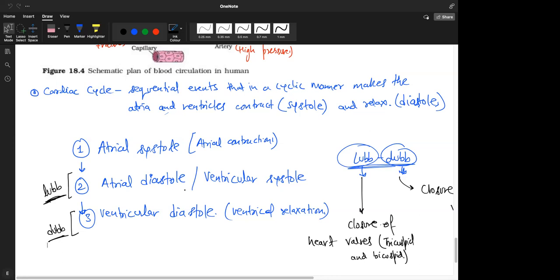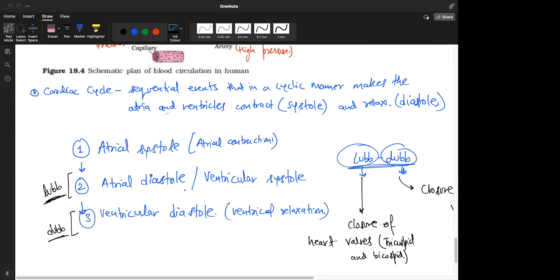So there are two ways to increase oxygen flow. One is to increase the stroke volume, and the other is to increase the beats per minute. When we are exercising, the heart increases the beats per minute. If you do simple maths, if you are doing 72 beats per minute, 72 into 70, how much blood went out?